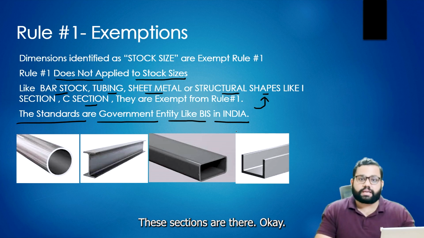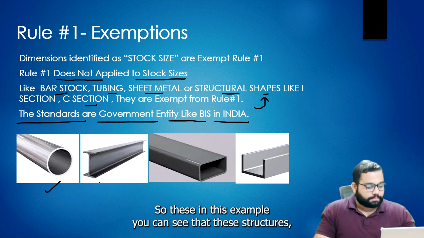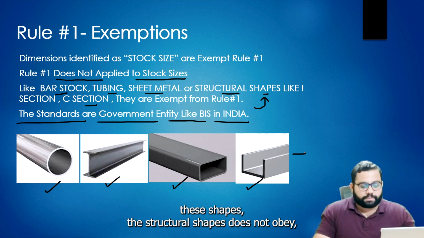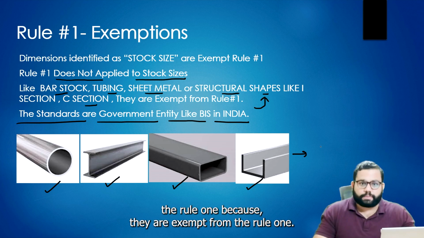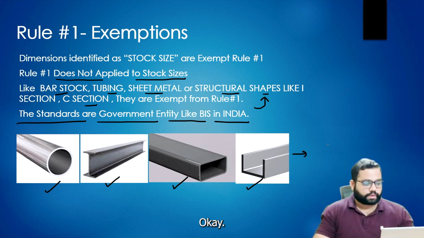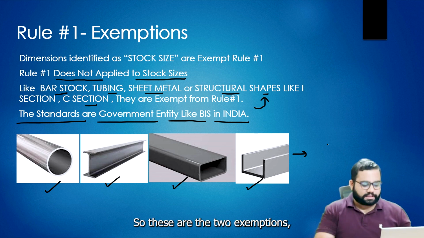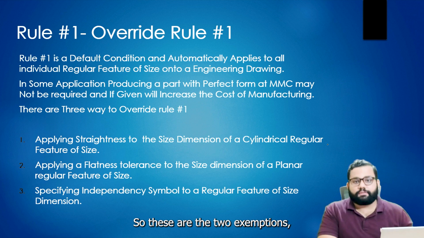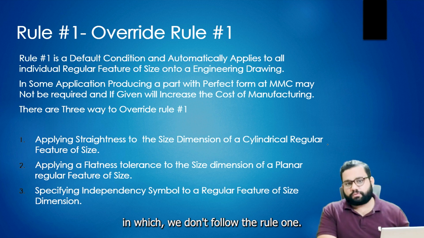These structural shapes do not obey Rule 1 because they are exempt. These are the two exemptions in which we don't follow Rule 1.